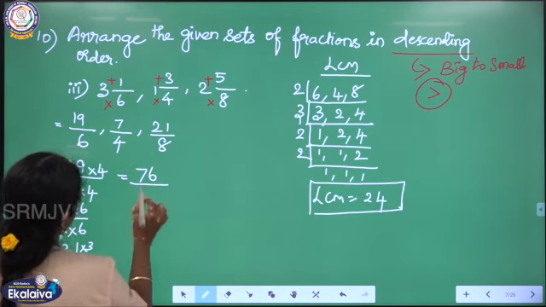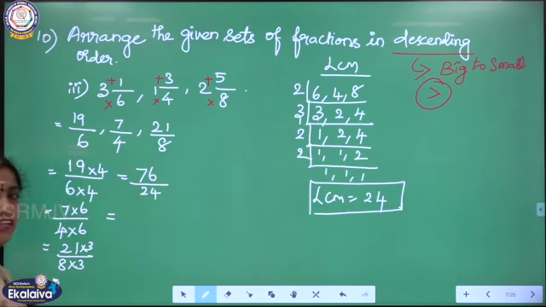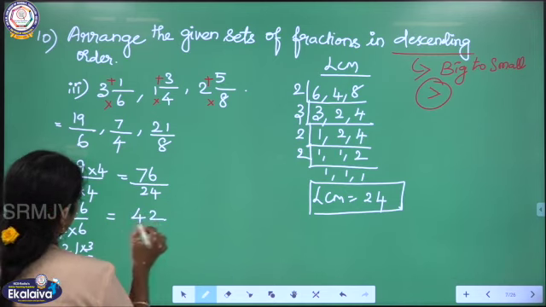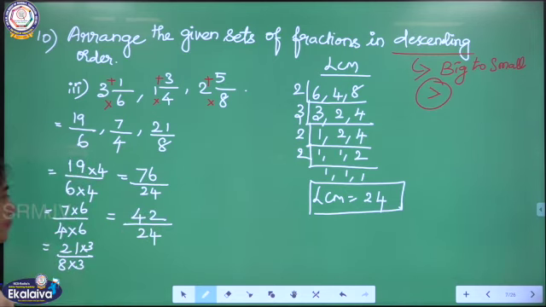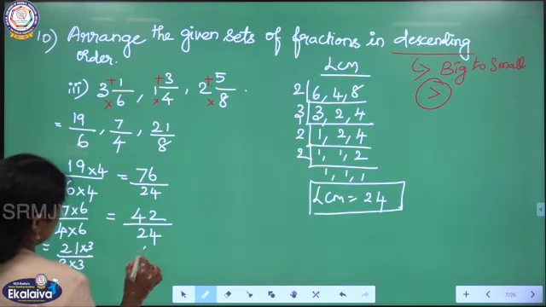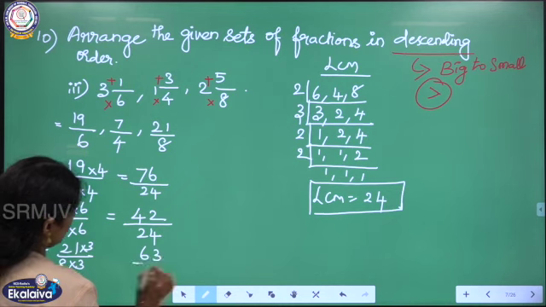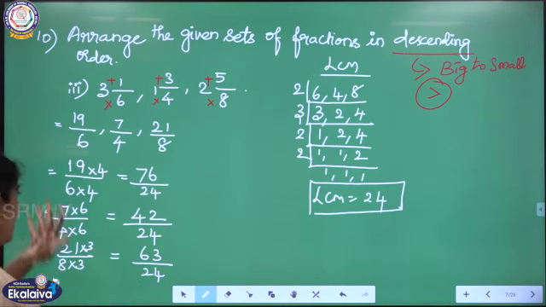So 76 by 24. Next, 7 by 4, so into 6. 7 6s are 42 by 24. As well as 21 by 8, so into 3. 8 3s are 24. 3 ones are 3, 3 twos are 6. So 63 by 24. So I can arrange them as like fractions.